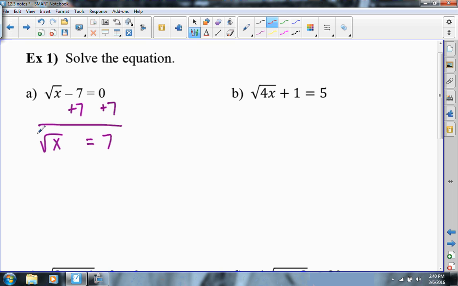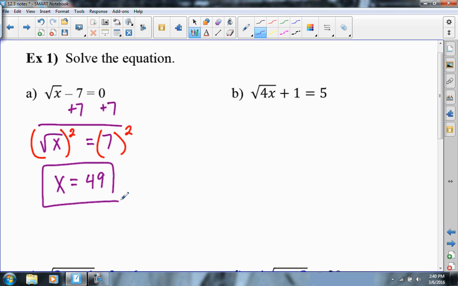And then to get rid of that square root, I have to square it. And what I do to one side, I have to do to the other. So then I get x equals 7 times 7 is 49. So that's kind of a refresher of what we saw in chapter 9. Very straightforward. And that's because there's just the x inside the square root. The x is the radicand.